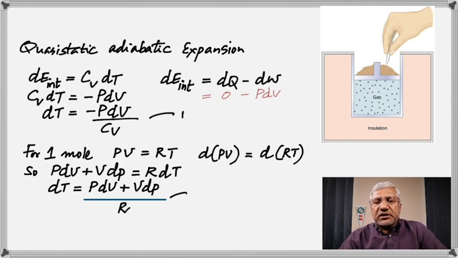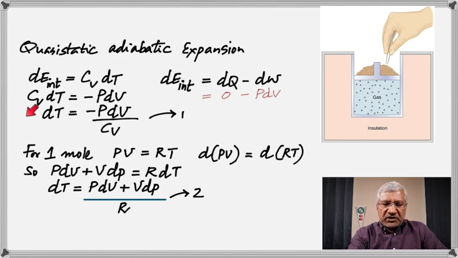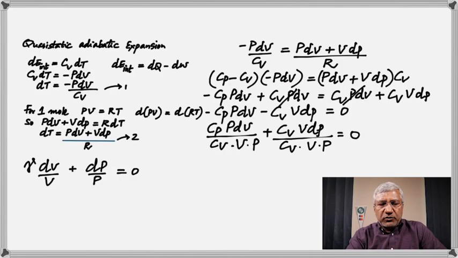Now we have two equations, and the left-hand side is the same for both. It's dT. So we'll put the right-hand sides equal to each other, and I've written that again. So let's take it over from here. I put the right-hand sides equal to each other and did some algebra, cross multiplying, as you can see. I also substituted for R as Cp minus Cv.